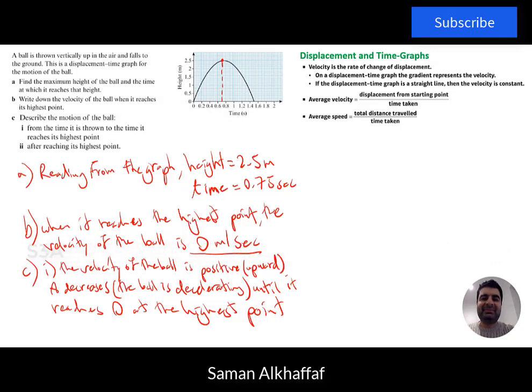Now for part C (ii), we also need to explain what happens after reaching its highest point.